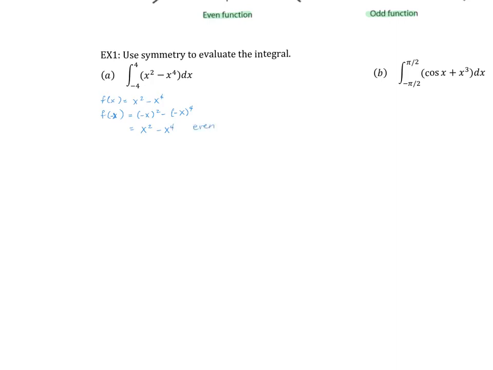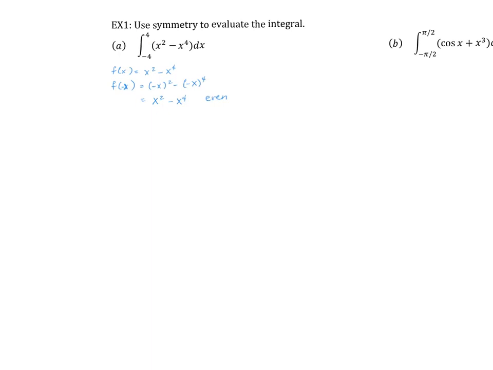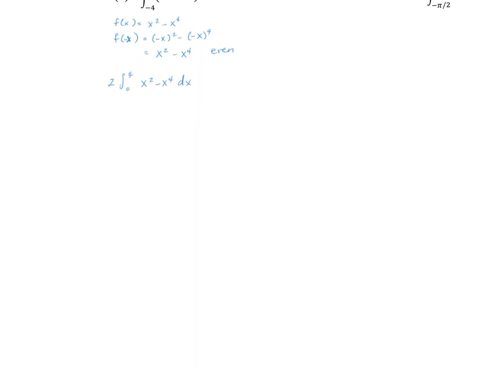So I know this is an even function. And since this is an even function, I can just go ahead and integrate from 0 to 4 and then multiply that value by 2 of x squared minus x to the 4th dx. And then that would be 2.